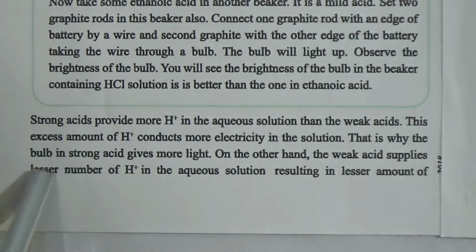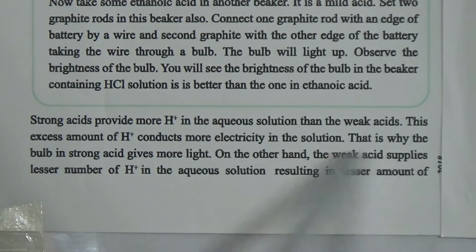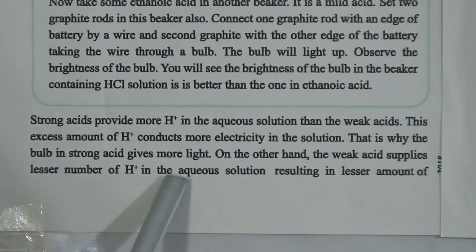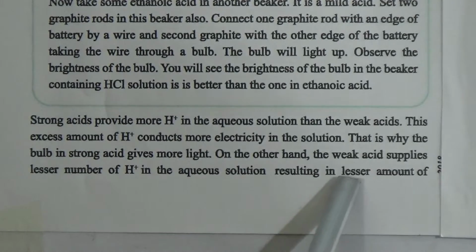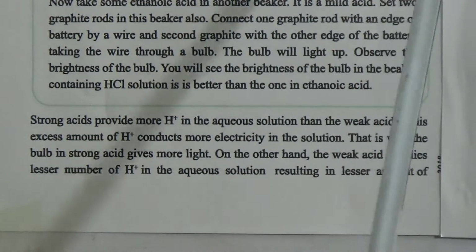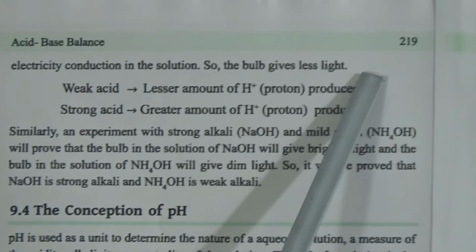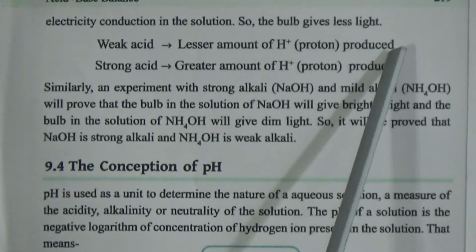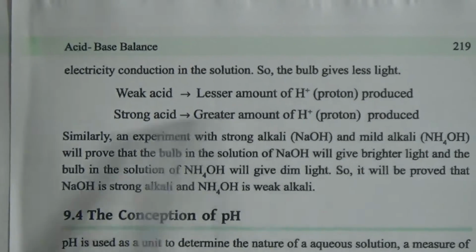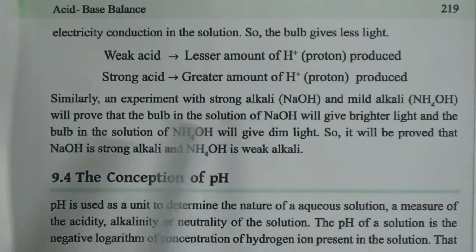That is why the bulb in the strong acid gives more light. On the other hand, weak acid supplies a lesser number of hydrogen ions, that means protons, in the aqueous solution, resulting in a lesser amount of electricity conduction in the solution. So the bulb gives less light, weak acid gives a lesser amount of protons, and strong acid produces a greater amount of protons.